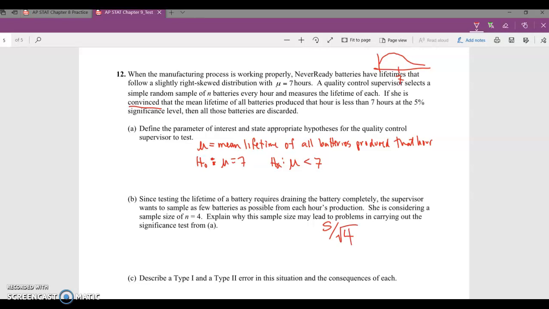So we'd have to go pretty far away. So because of the small sample size, it's not going to be very likely to get statistical significance.